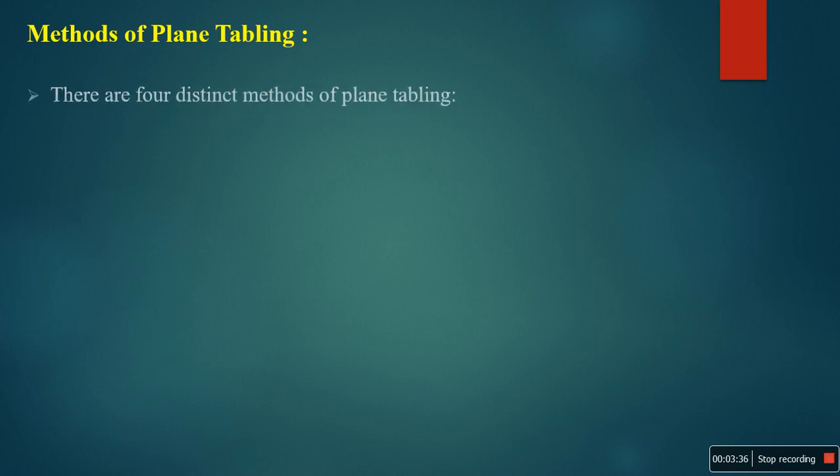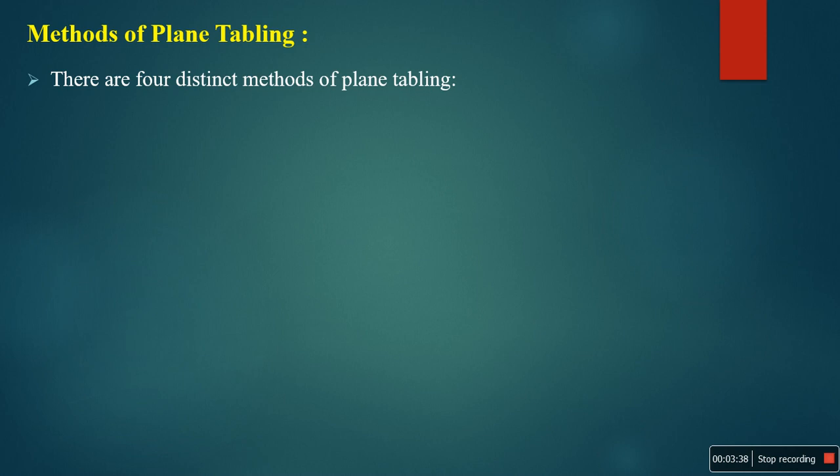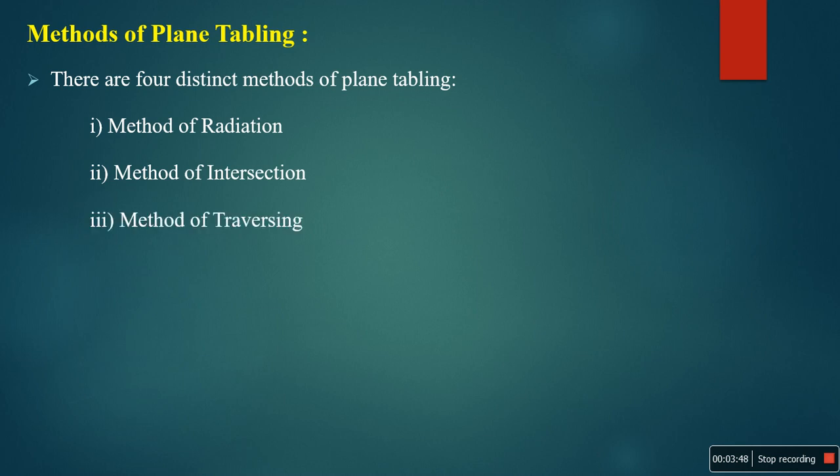Next we discuss the methods of plane table surveying. On the basis of the methods, plane table surveying is classified into 4 methods. First, the method of radiation; second, the method of intersection; third, the method of traversing; and last, the method of resection.